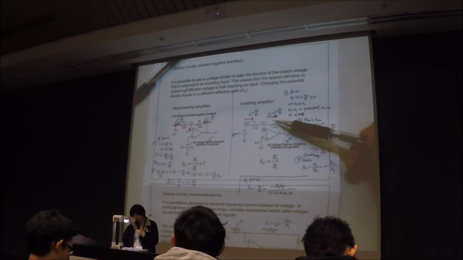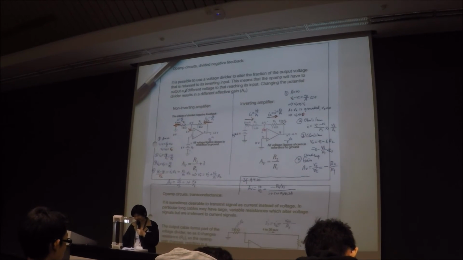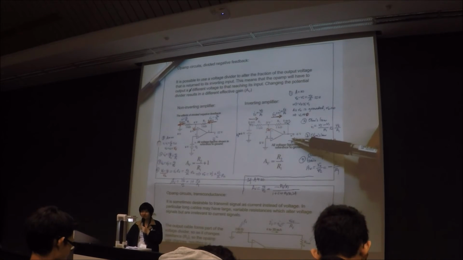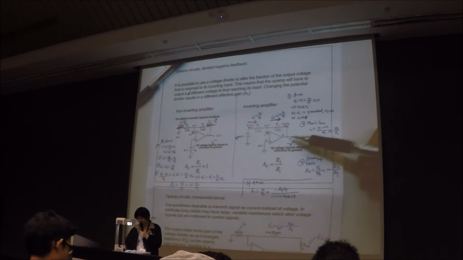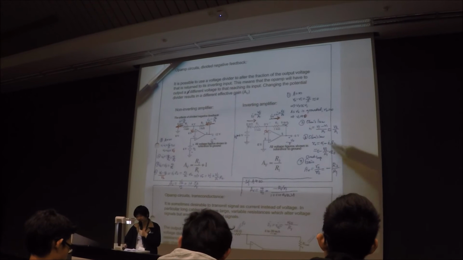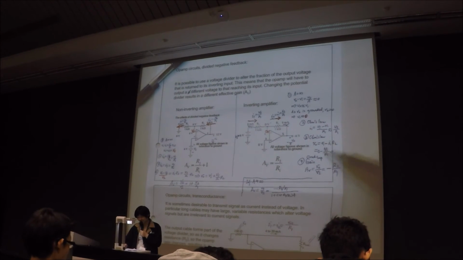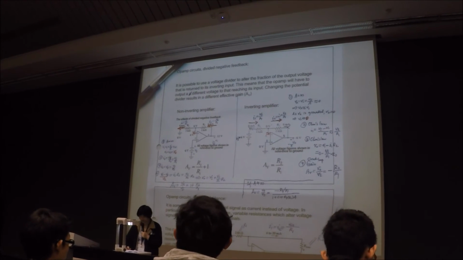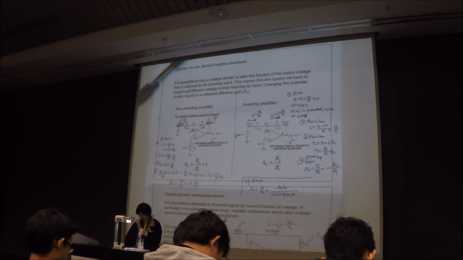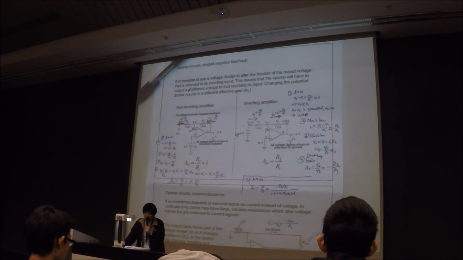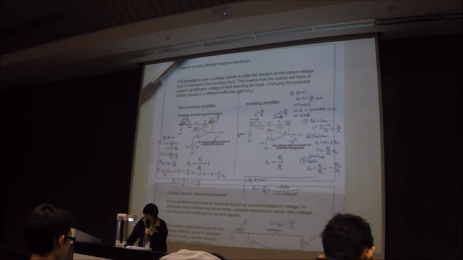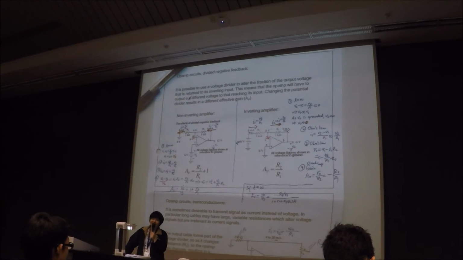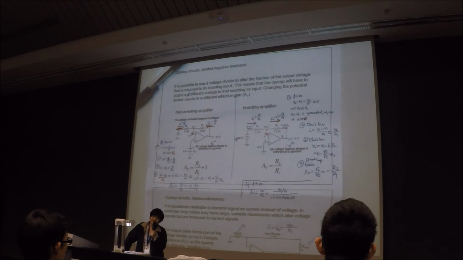So the voltage on R2 is actually V1 minus V out, and so we have this relationship. The gain of this negative feedback system can be derived by the ratio of output versus input.